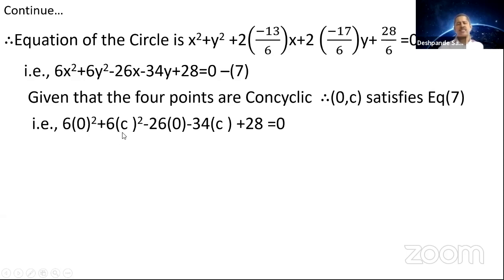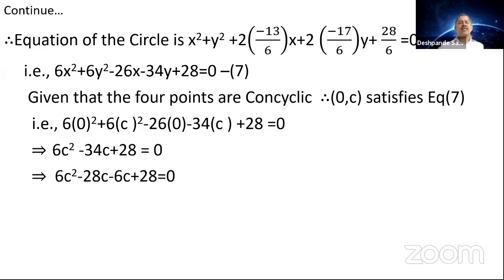What you get is 6C square minus 34C plus 28. What sort of equation is it? This is a quadratic equation in C. How do you factorize it? The middle term is minus 34, so you can write minus 34 as minus 28 minus 6 or minus 6 minus 28.